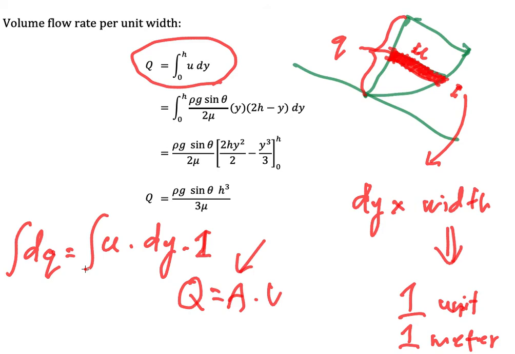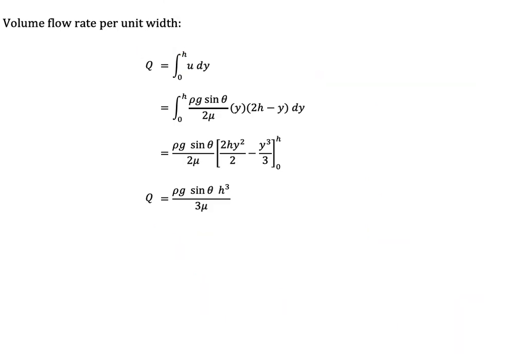Integration of dq will get q here. This is actually not a mathematical law, so it is not compulsory to change small q into capital Q. It's just showing the amount after the integration. So we have q here, and then we have u dy, and the integration comes with the limit, which is 0 to h. And then we substitute the value of u, and we will get the flow rate is this one.